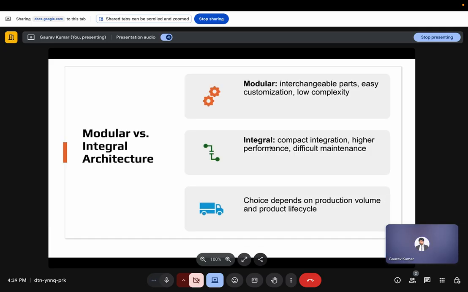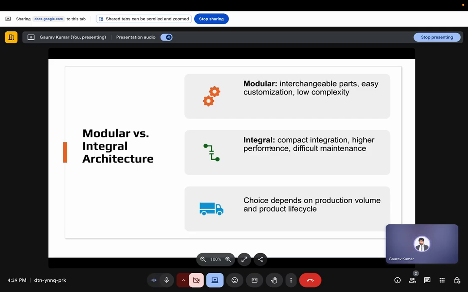Now next is modular versus integral architecture. Modular designs ease customization, late differentiation, and service. They suit turbulent markets and long product families. Integral designs maximize compactness and performance where interfaces are tight.